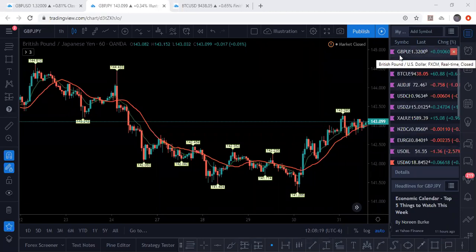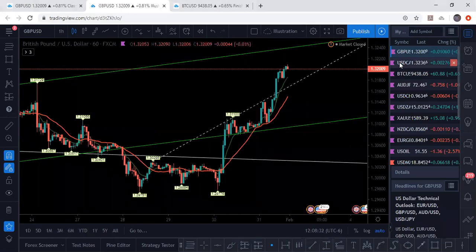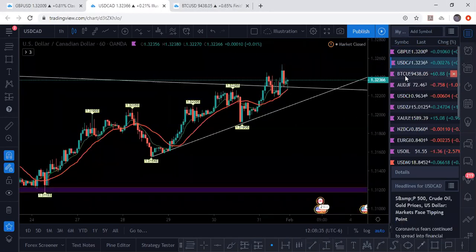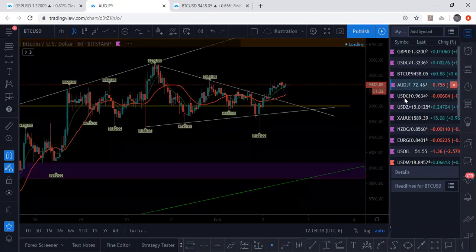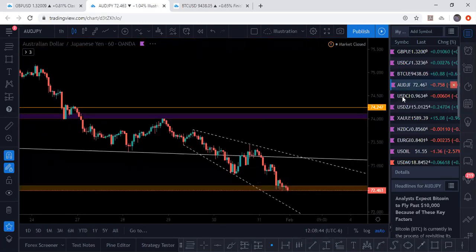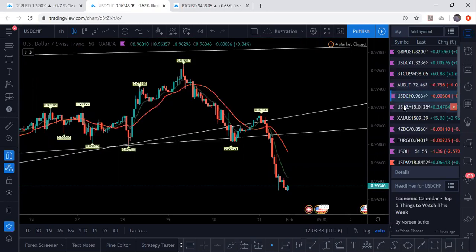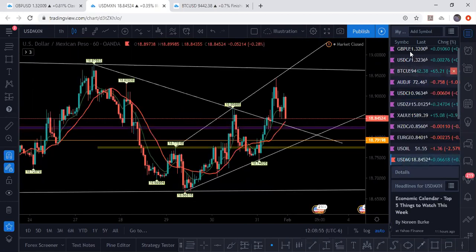If you can see the right side of my screen, I have 12 pairs already marked up for the week: GBP USD, USD CAD, Bitcoin, AUD JPY, USD CHF, USD ZAR, all of these pairs, US oil, and then the USD and the Mexican peso.